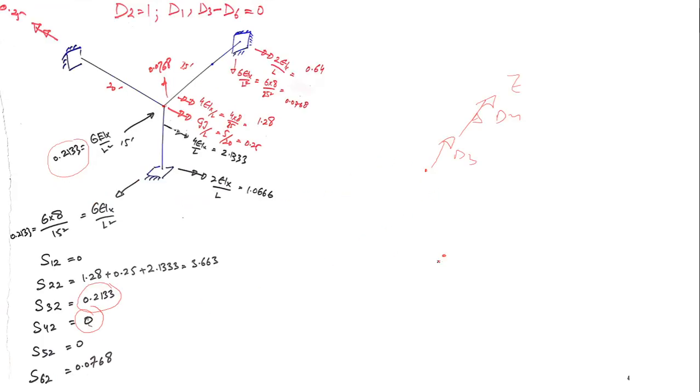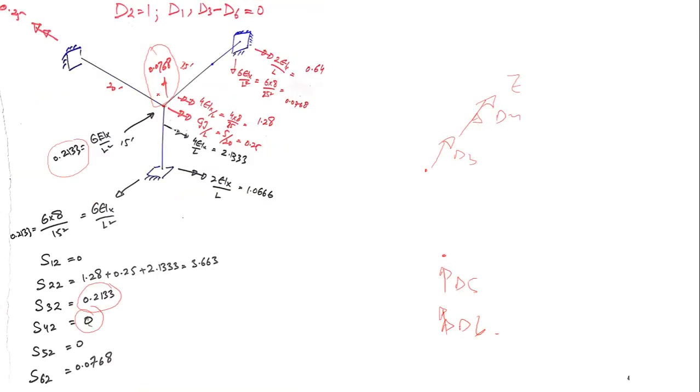So D5 is this and D6 is this. I have got one vertical load here, 0.076. I have to remember D5 is just vertical. So I have got this load here. This is wrong. This should be 0.0.